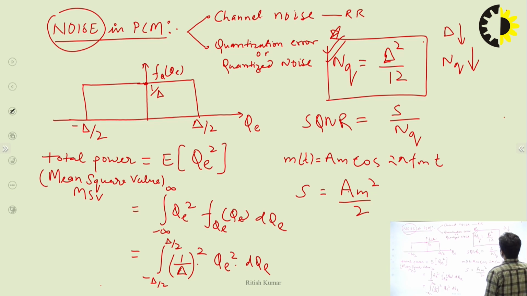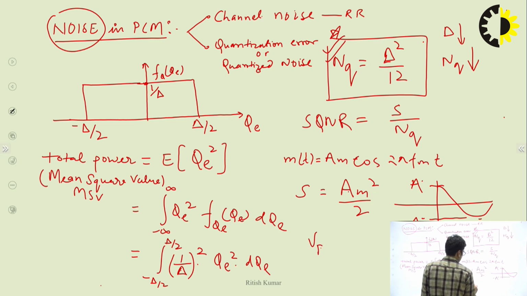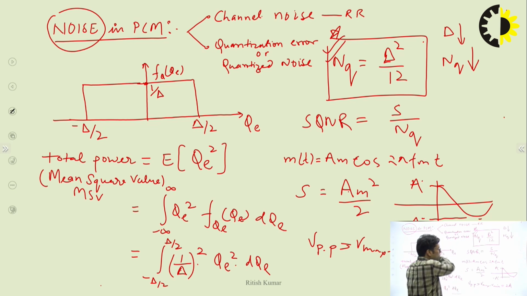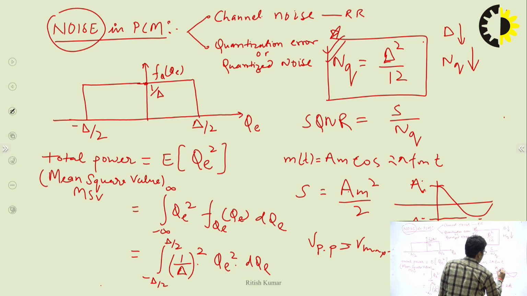This signal is lying between minus Am and plus Am. So the total dynamic range, V max minus V min, that is V peak to peak, is equal to twice Am.